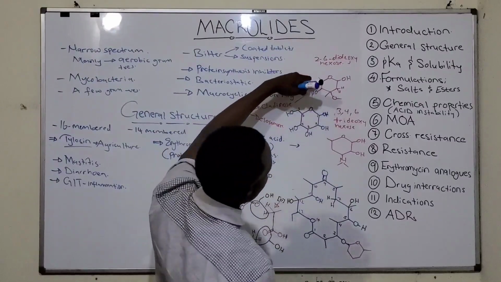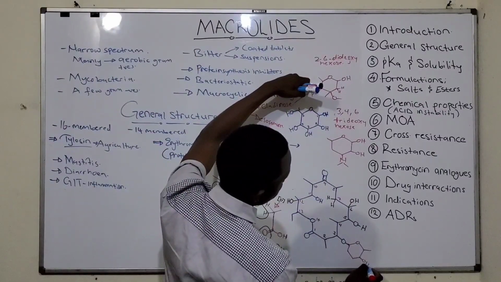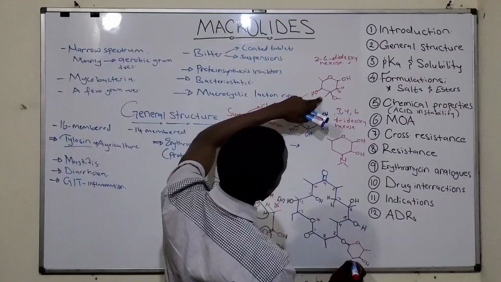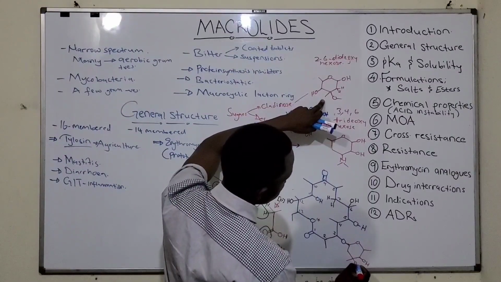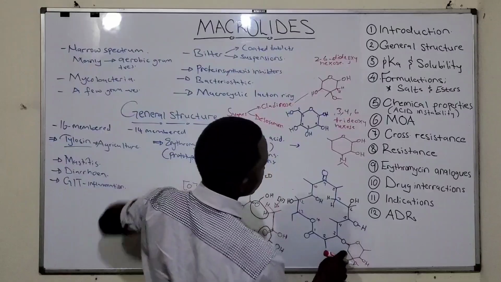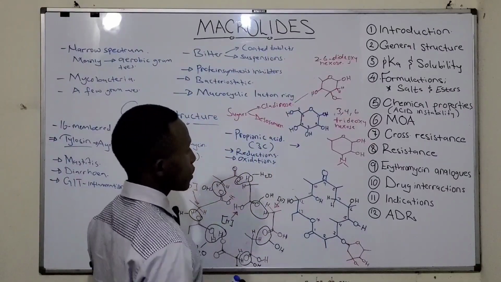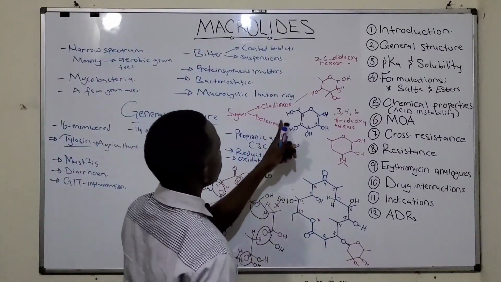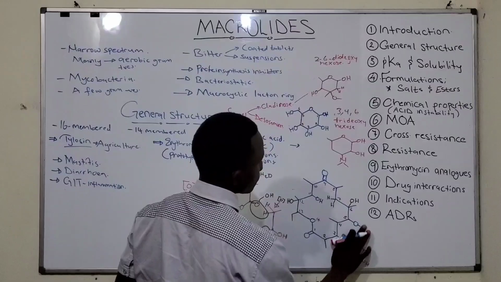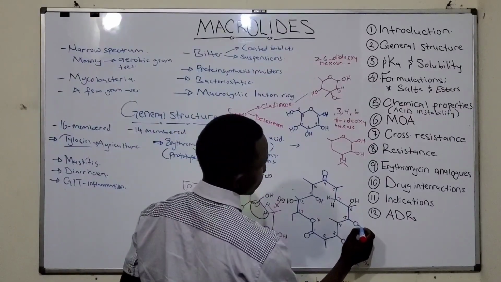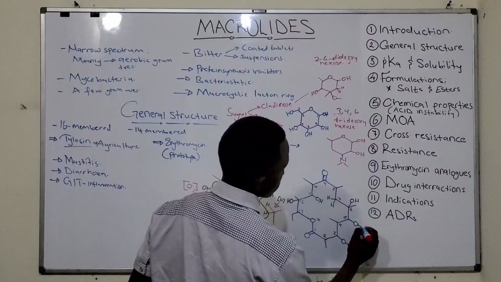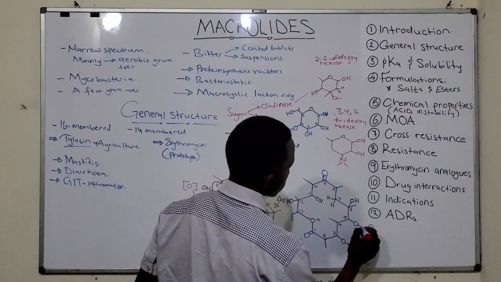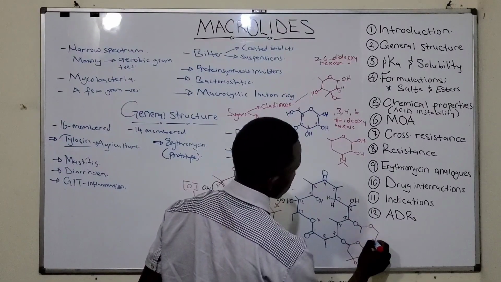At position 5, there is an OH group. This is position 3, there is a methyl group and a methoxy group. Position 2, nothing is there. Then for the succinylate, position 1 is used to attach it here.